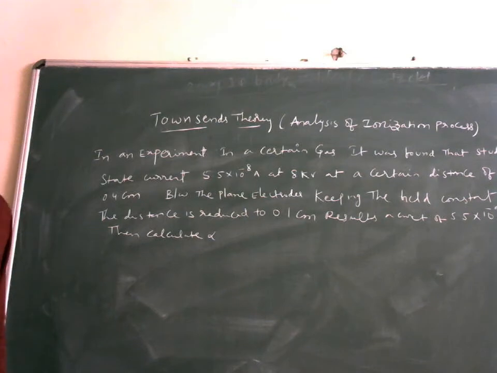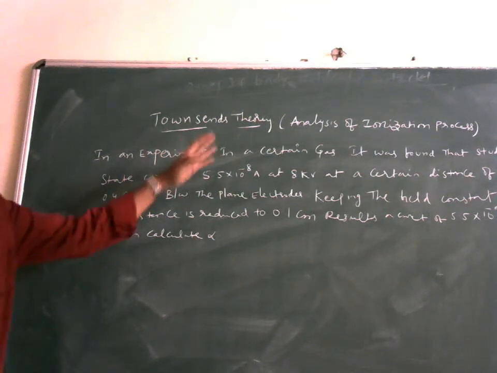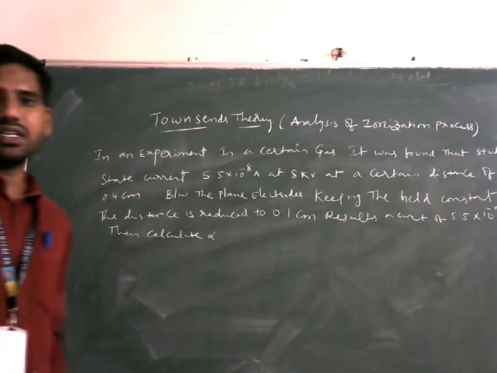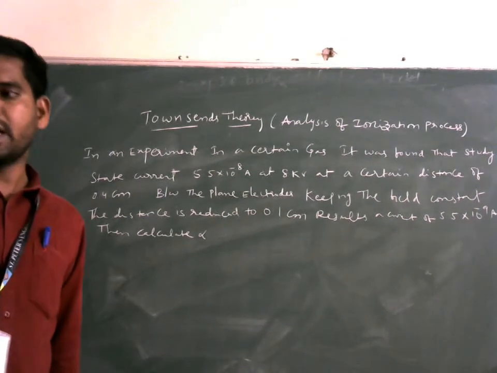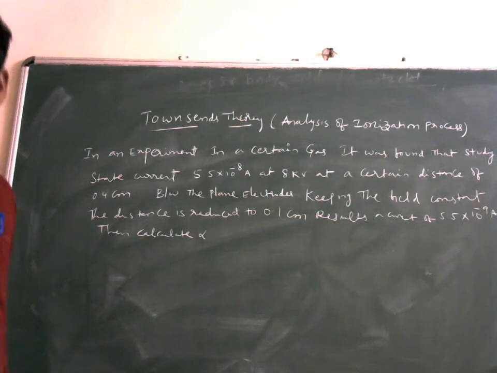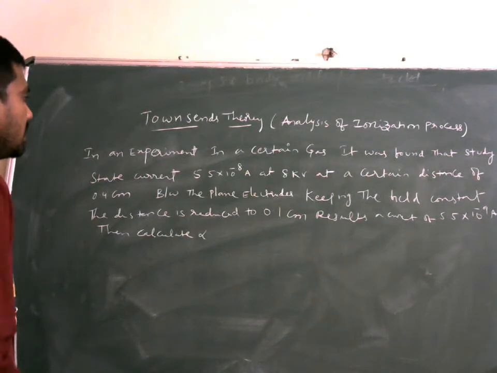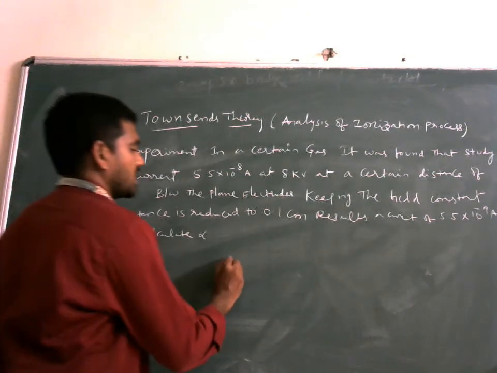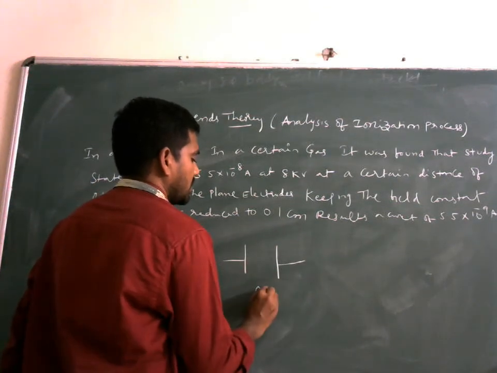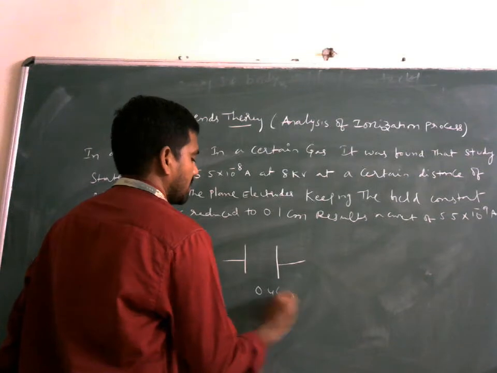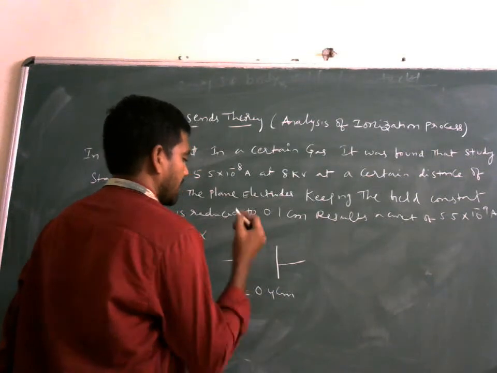Whatever he did, Townsend did some experiment. In the first case, two plane electrodes are there. The distance between these two electrodes is 0.4 centimeter, consider D1.